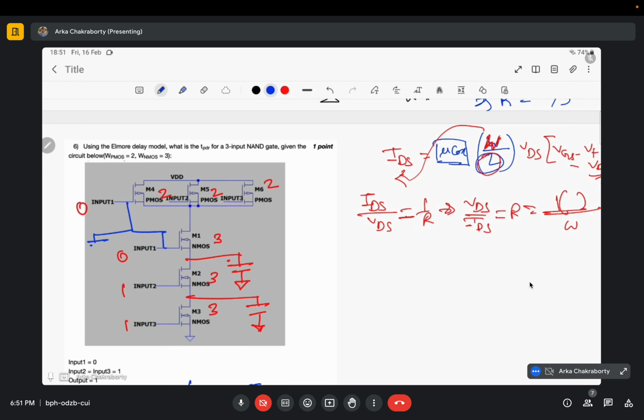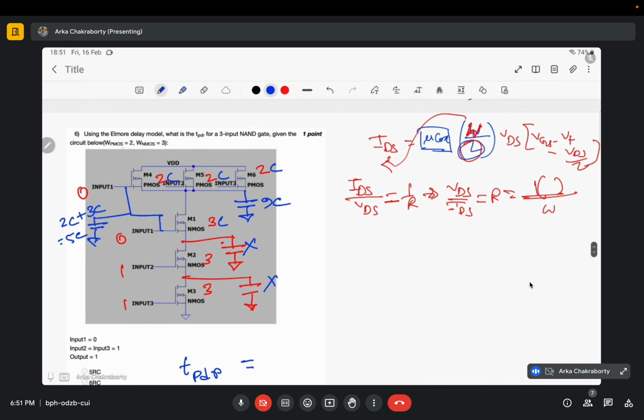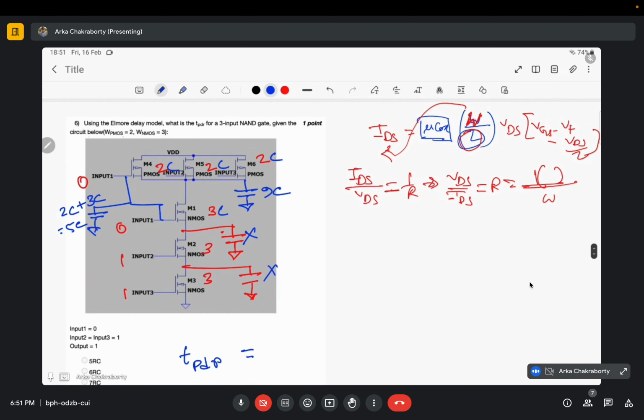So this will see a capacitance of 2C plus 3C, that is 5C, correct? And the output will see a capacitance of 2C plus 2C plus 2C plus 3C, so 6C plus 3C is 9C, correct? And as these are already discharged, I don't need to consider them. The question has been asked for rise. Okay, fine.